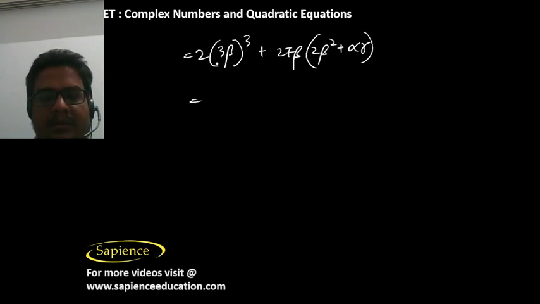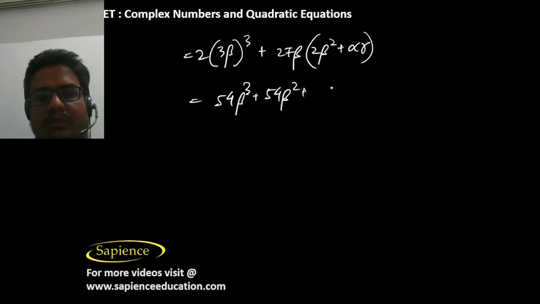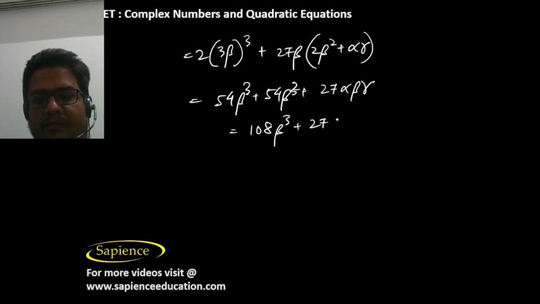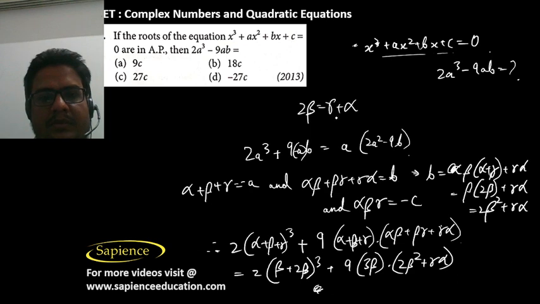So 3 9s are 27, 27 2s are 54, 54 beta cube plus 54 beta cube plus 27 alpha beta gamma. So this will be 108 beta cube plus 27 c.